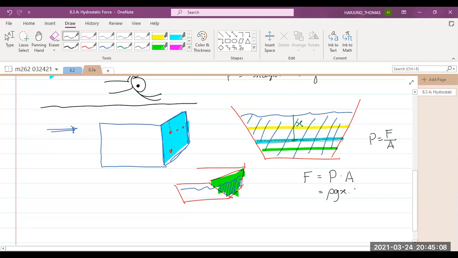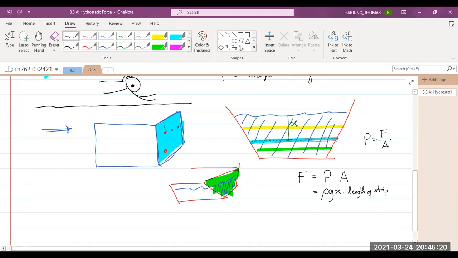The area is the length of that strip times the thickness of that strip. But the thickness of that strip is basically dx. So this is supposed to be dF instead, right?